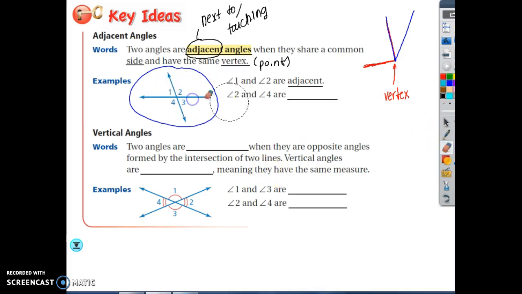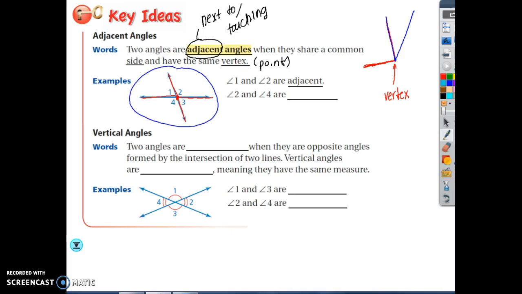Now, on another note, let's look at angles 2 and 4, and I'm going to outline these. Angle 2 is here. And angle 4 is here. So I'm looking at these two angles. Those two do share a vertex. They both have their point or their vertex at the same place in the center.